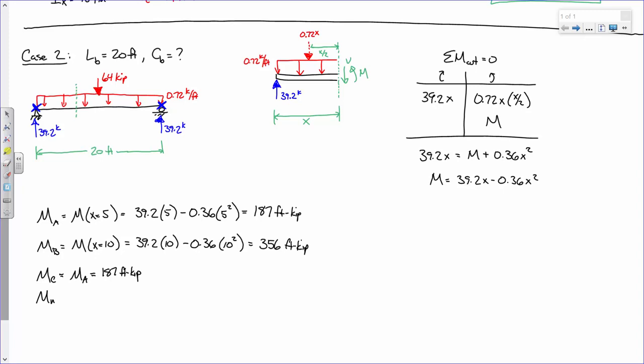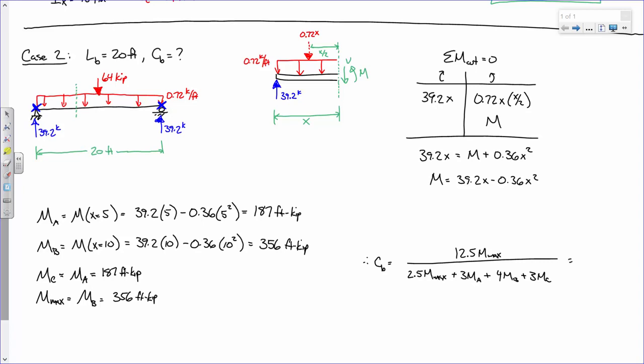And what's M max? It's MB. For this case, it happens to be MB, so that's 356 foot kips. So taking these quantities, C sub B equals 2.5 M max plus 3 MA plus 4 MB plus 3 MC, all under 12.5 M max. What does that come out to be?